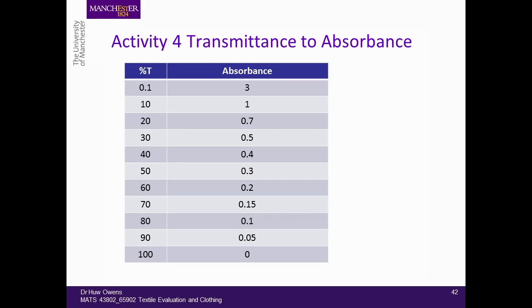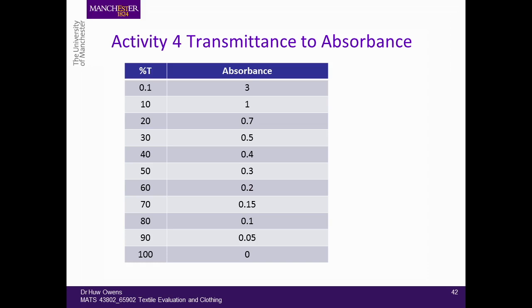So when you start to look at the units for this, you can get an idea of the range. The range is going to go somewhere between 0 and around 3. You've got very, very dark samples. Most of the samples won't be quite that dark. So this gives us an idea.